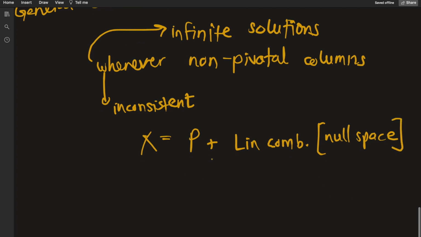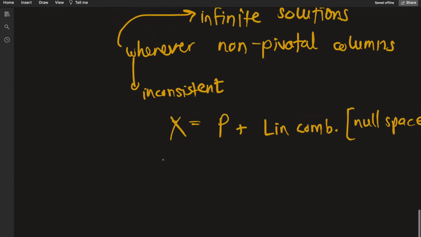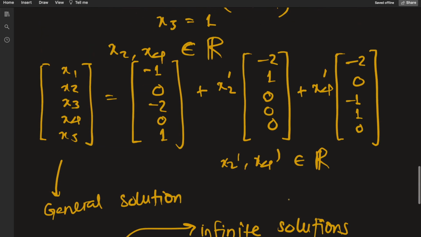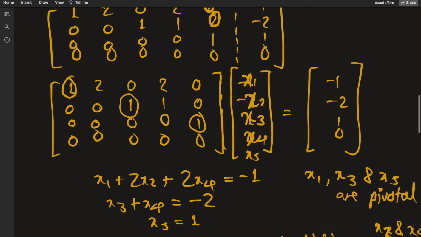I'm going to talk about vector spaces in the next video, and that's when I'm going to go into a lot more detail with column spaces and solutions not existing, implying that some vectors are not part of the column spaces, and these spaces I keep talking about are vector spaces. So I will have to start from there, and that's when I will discuss that these non-pivotal columns can be expressed as some linear combination of the pivotal ones.